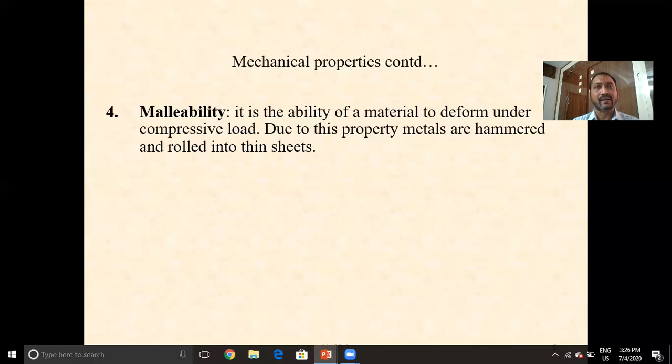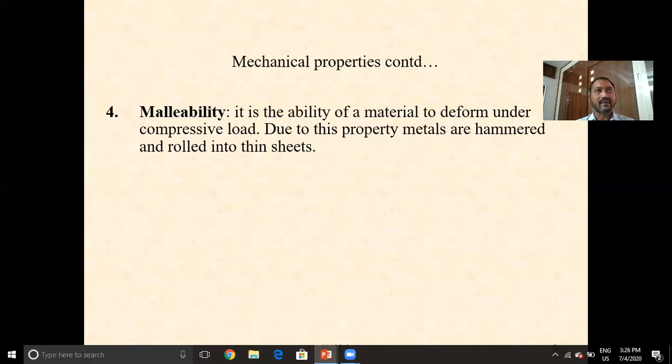This property helps to form sheets, and generally brass, bronze and aluminum have malleable properties, and therefore sheets can be drawn from those materials because they have more malleability. Malleability can be defined as the ability of the material to be deformed into sheets under the action of compressive load.